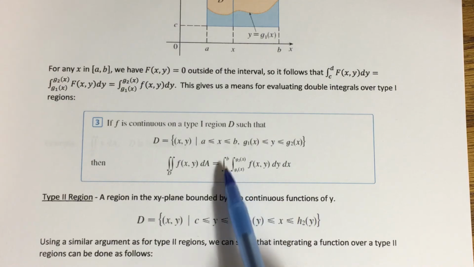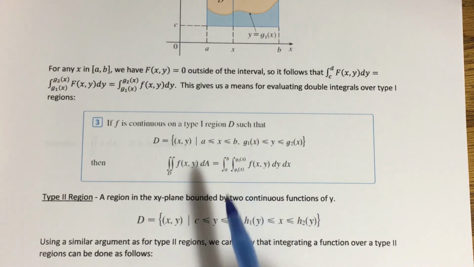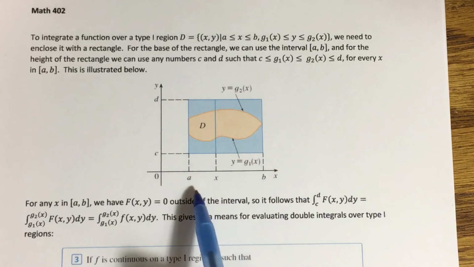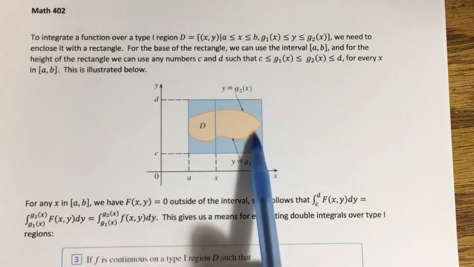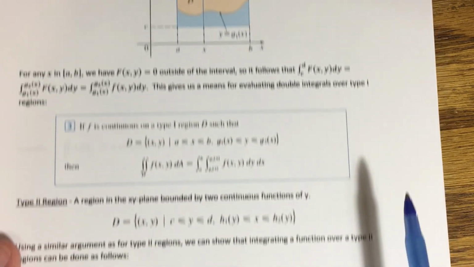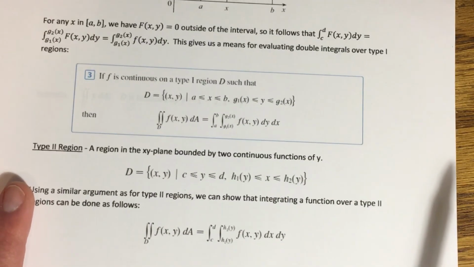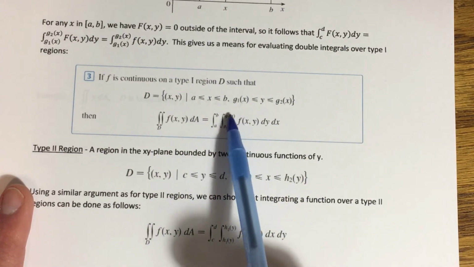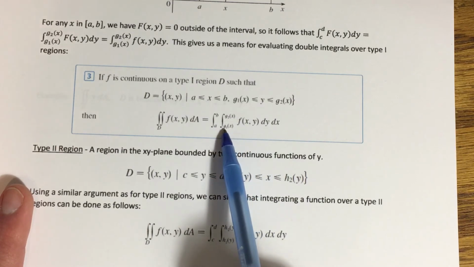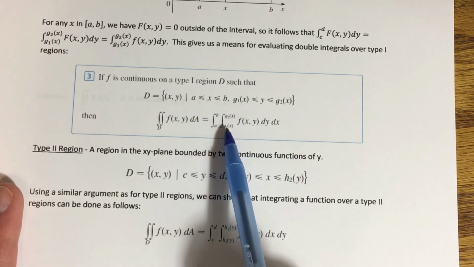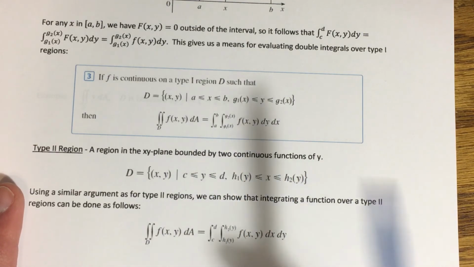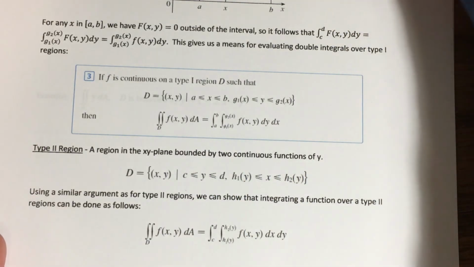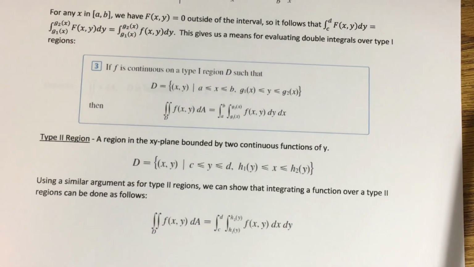And then the outer limits of integration, a, b, correspond to the interval on the x-axis that we're taking these cross-sections on. So those will be constants. So when we're doing double integrals over general regions, this innermost integral, for a type 1 region anyways, will look like functions of x, and the outermost integral will look like constants. That's for type 1 regions.